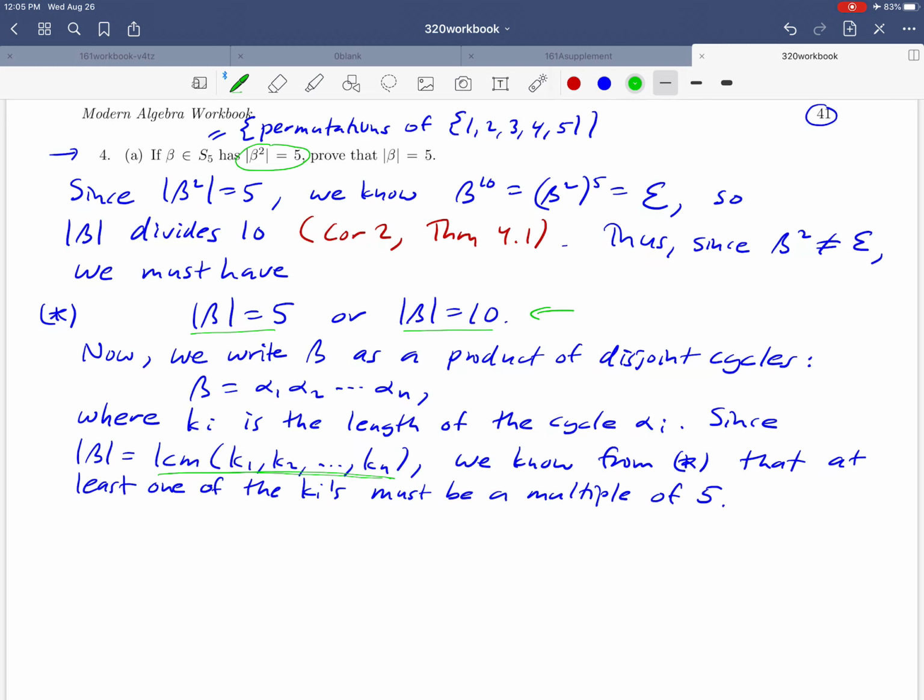Let's put that together with something else that we know here. We also know that beta happens to be a permutation in the set S5, which means that we only have 5 numbers at our disposal to permute here.